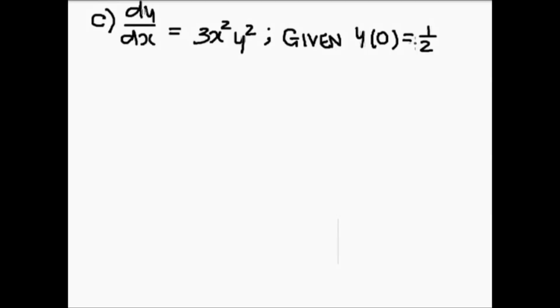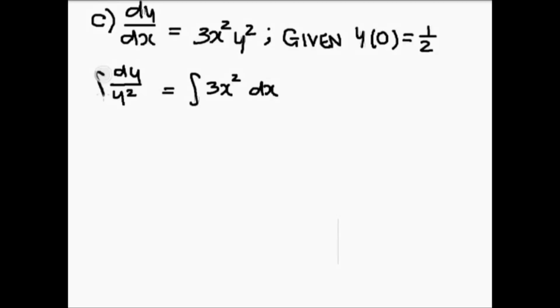We can go ahead and shift this by shifting y squared to the left hand side and dx to the right hand side, which will give you a new equation. So you have dy over y squared equals 3x squared dx.